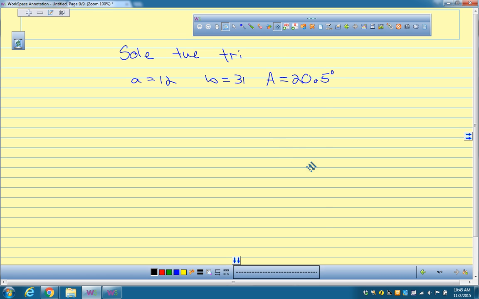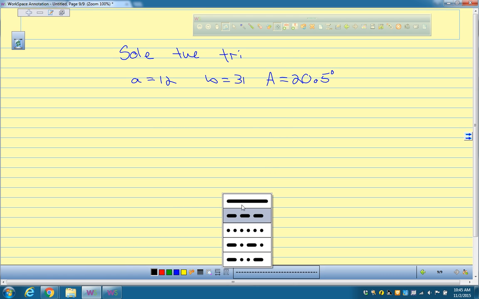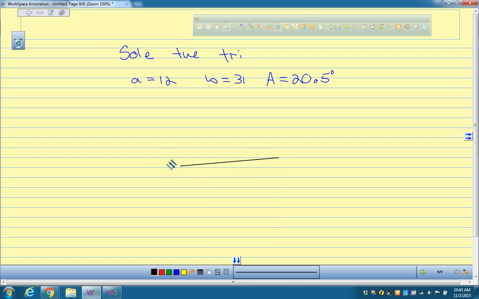So I'm going to draw this here, not dotted. Let's try that again. Not dotted, solid. So this is 20.5. B is 31, A is 12.